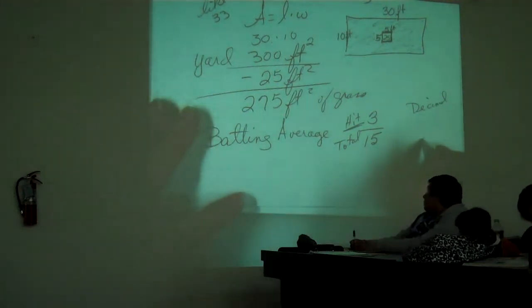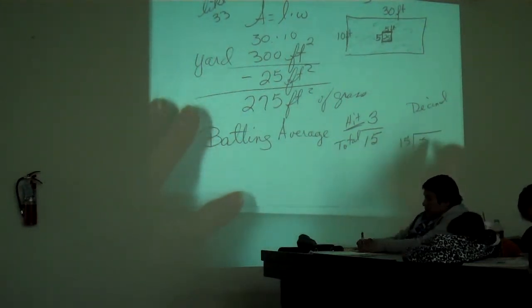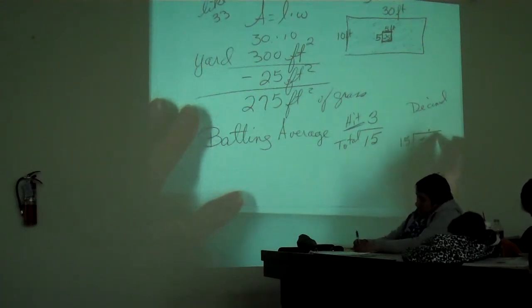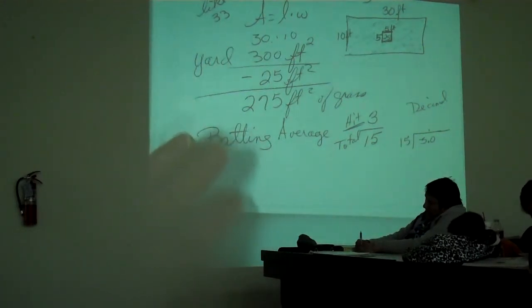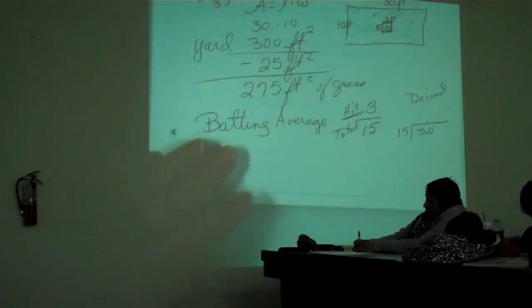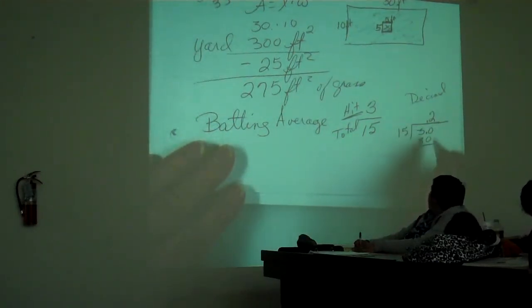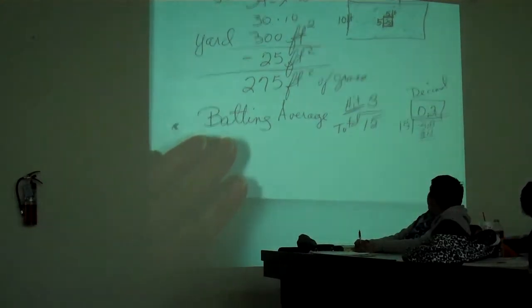So 3 divided by 15 will be, 15 into 30 is 2, right? Comes out even. So your batting average would be 0.2.